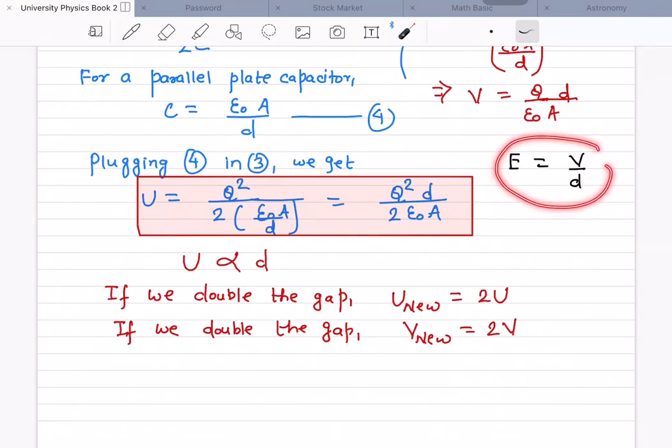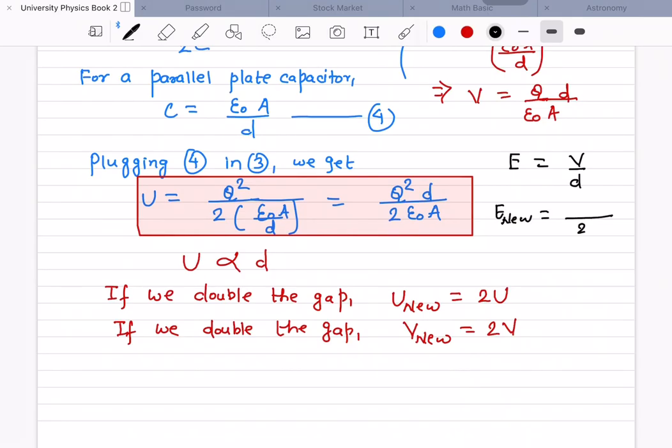Now let's say if I make it 2D, what will happen to the potential difference? The potential difference will also double. So it will again be 2V. And as a result, even the electric field will remain unchanged.